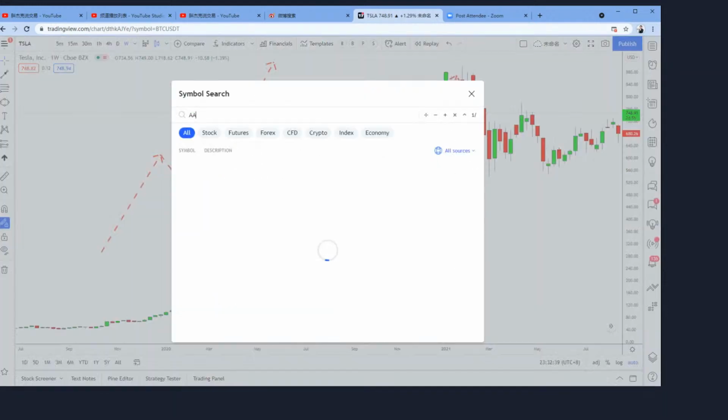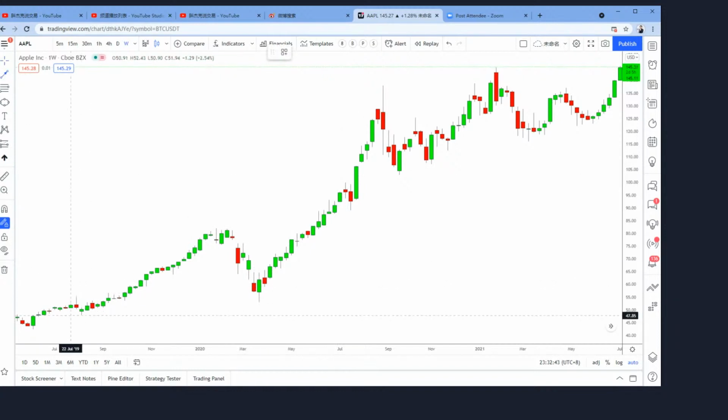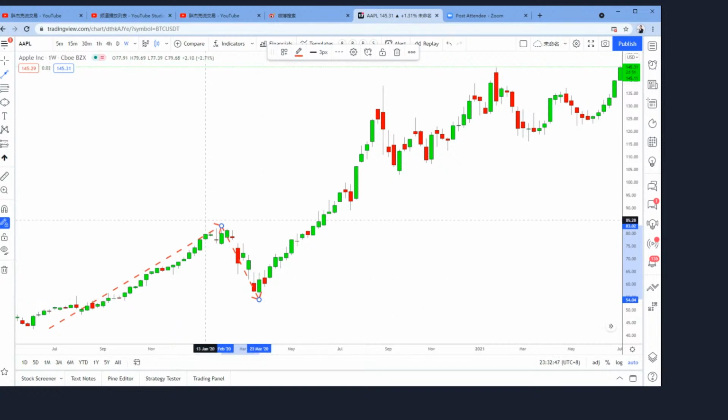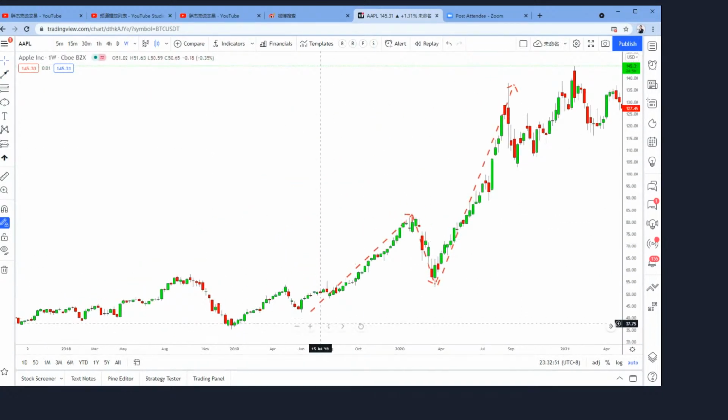Okay, look at Apple. Whoa, we have here a strong wave up, a correction wave happens, and after the correction, boom, it flies. Okay, it happened in 2019. Will you see something like this in even earlier times? Guess.